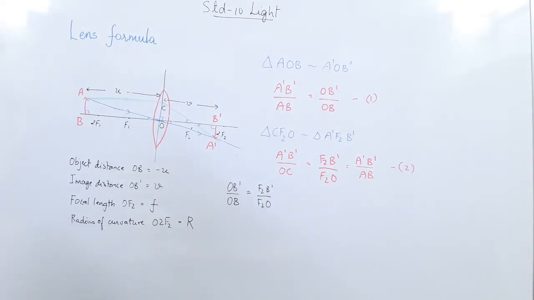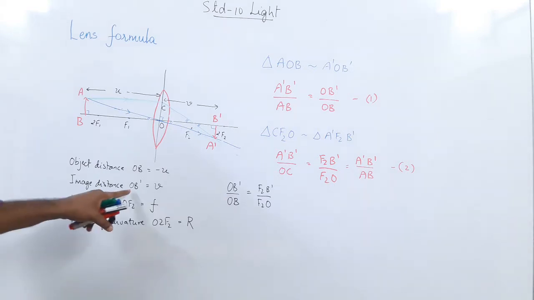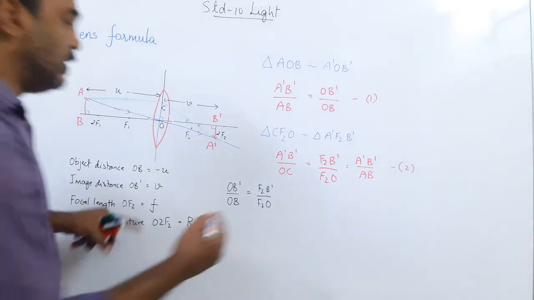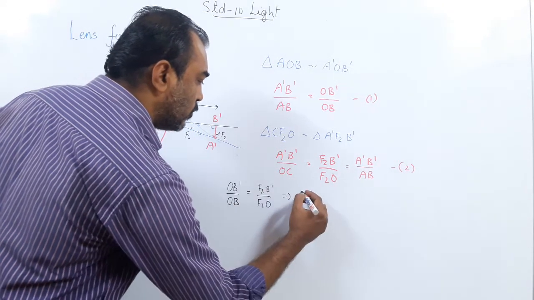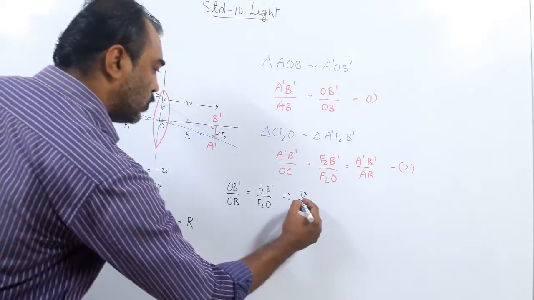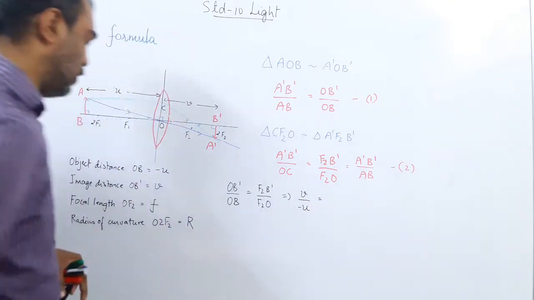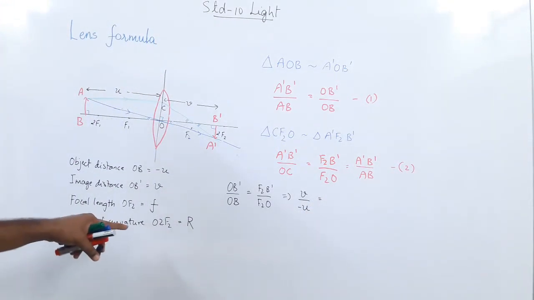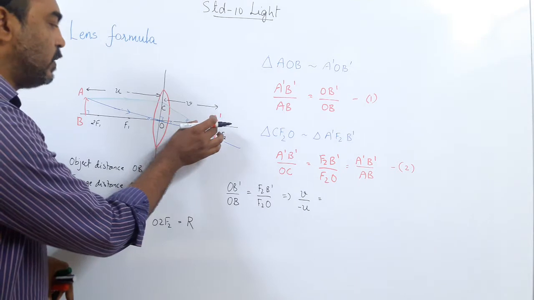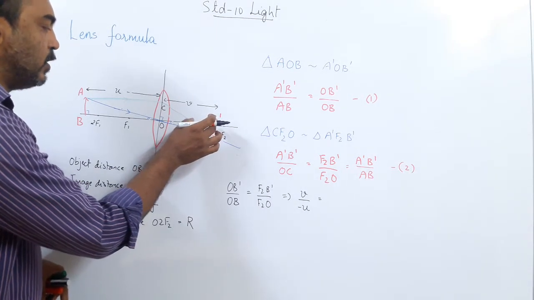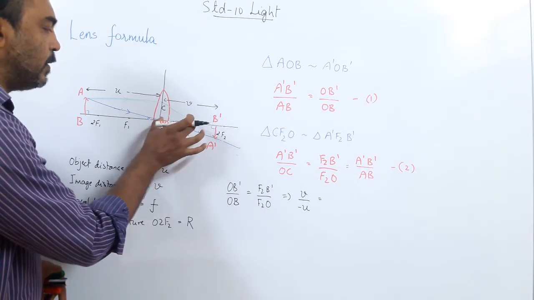Right? Now let us put the things. OB prime is nothing but V. In place of OB prime I put V upon OB. OB is minus U, equal to F2 B prime. What is F2 B prime? To find it, you will have to do OB prime minus OF2.